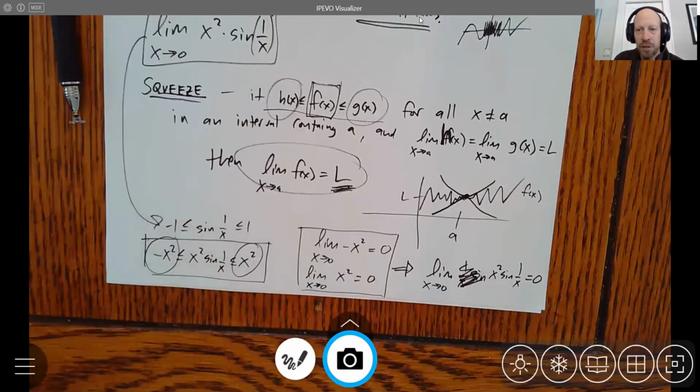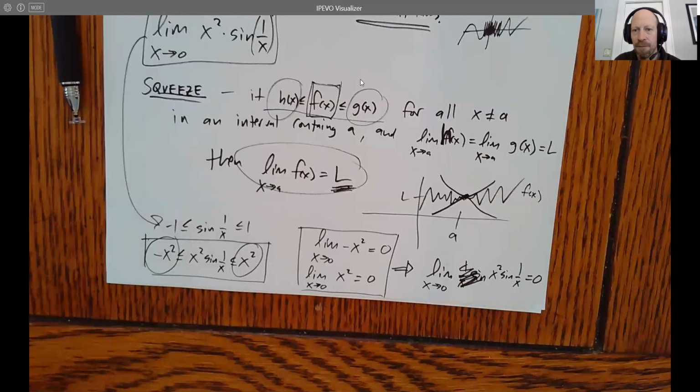Questions? Any questions on the squeeze theorem? So this particular question was pretty easy, but they're not always going to be like this, right? Well, no. But I will say for the squeeze theorem, they kind of will be, I would argue.